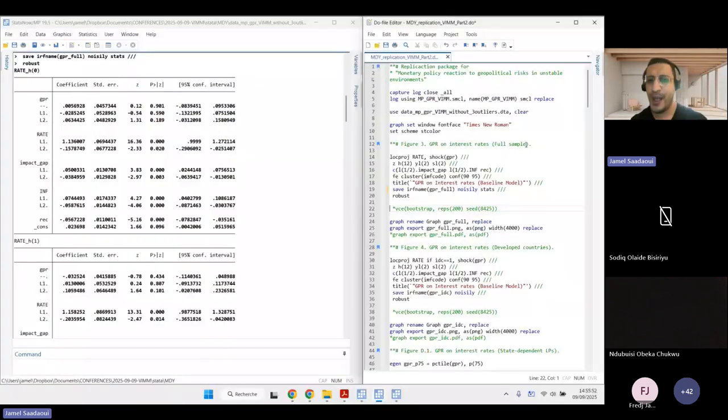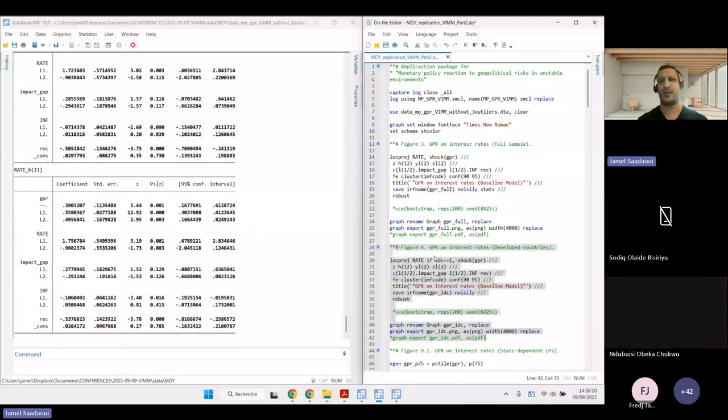So if I go to the code, I say, okay, I will only look at the industrialized countries here. So I select only industrialized countries. What is happening? I will replicate what I just showed you. When we submitted this paper, you have it here.